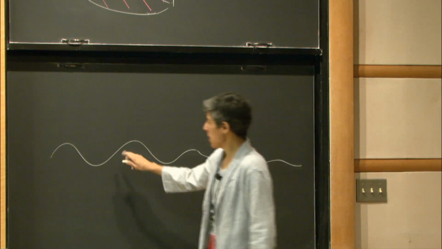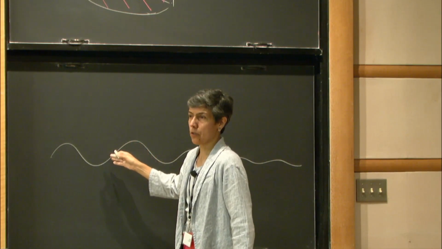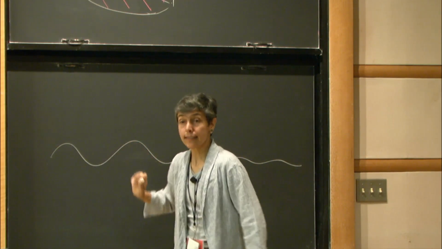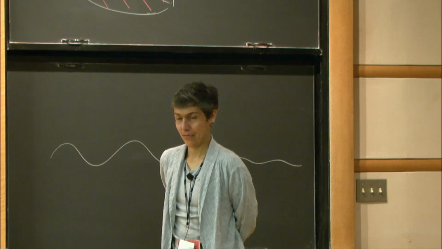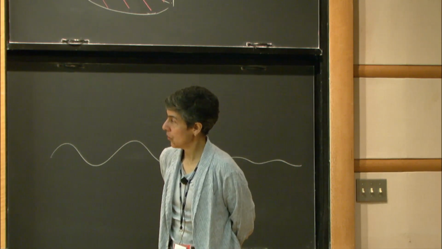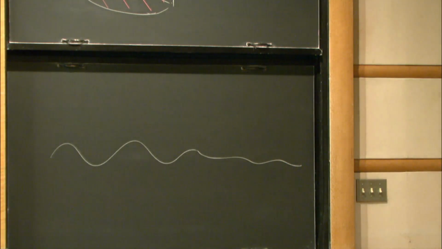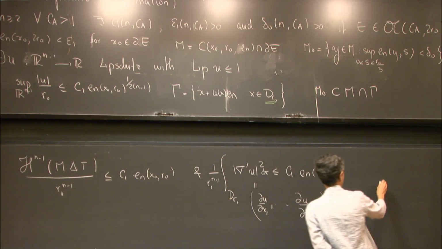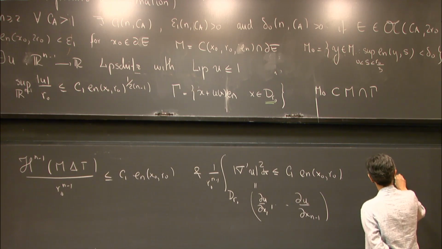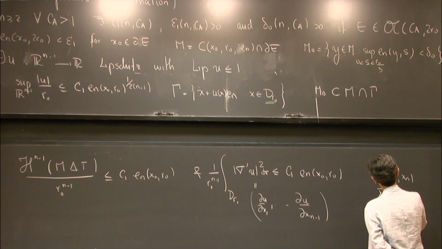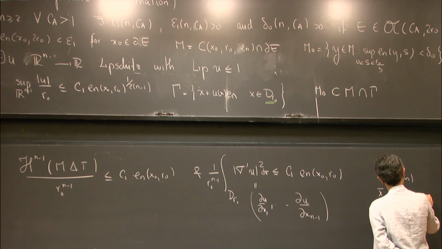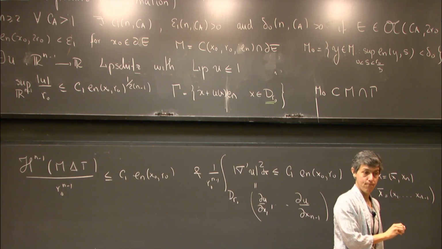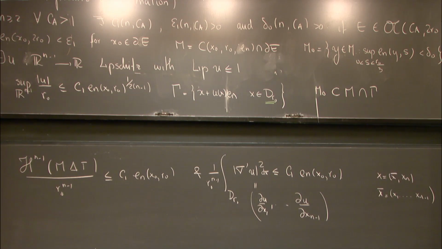And maybe there were wiggly things here that I was not able to see. Yes? What are you taking the integral with respect to? Oh, I should call this dx bar, where a point x is a point of the form x bar, xn, and x bar are the flat components.